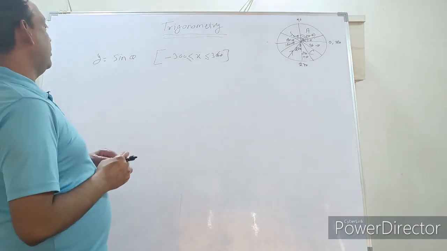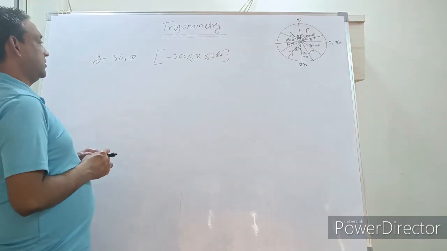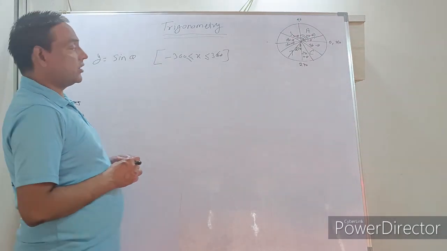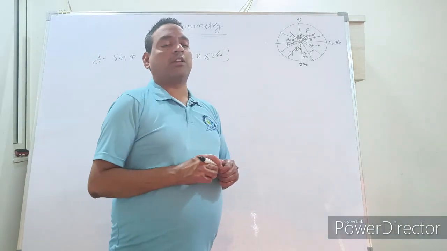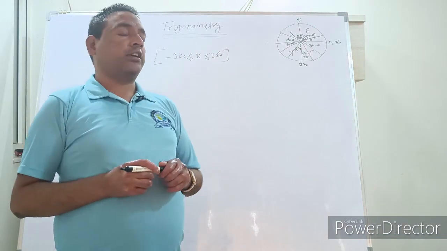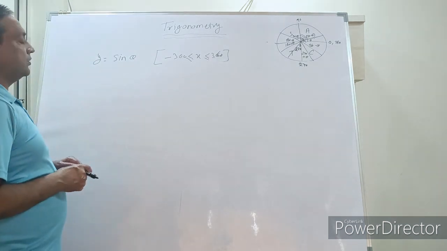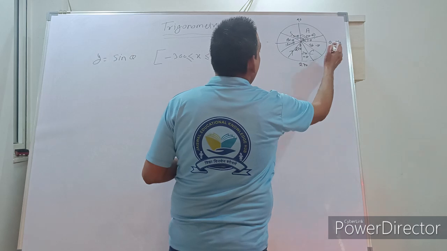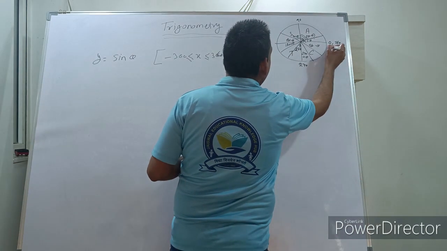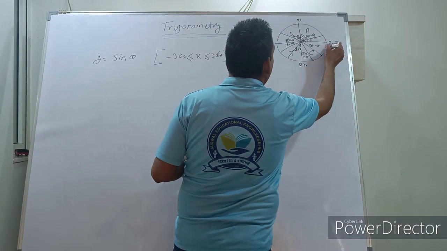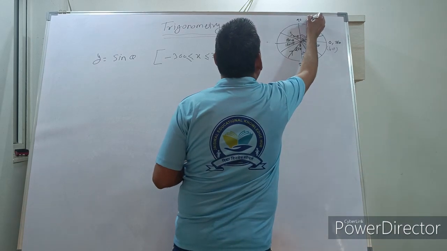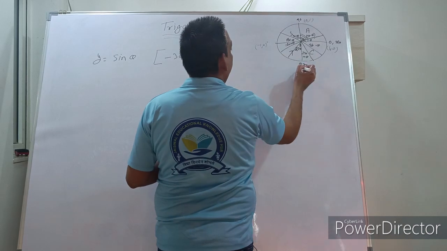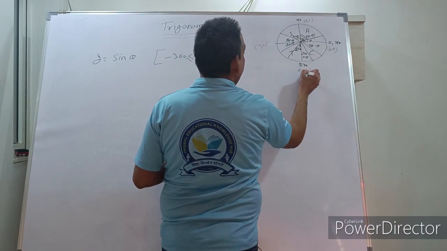Now before we draw the graph, we have to know the basic things. What is sine's minimum value? If you remember the unit circle diagram, we had 1 comma 0, then 0 comma 1, then minus 1 comma 0, and 0 comma minus 1.